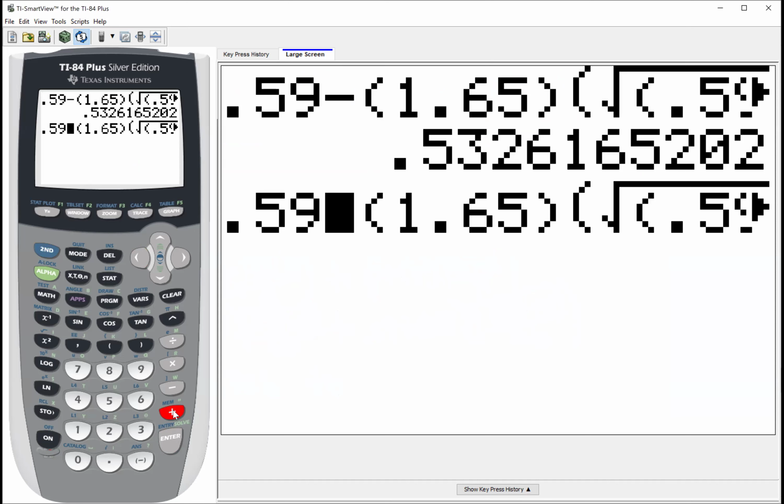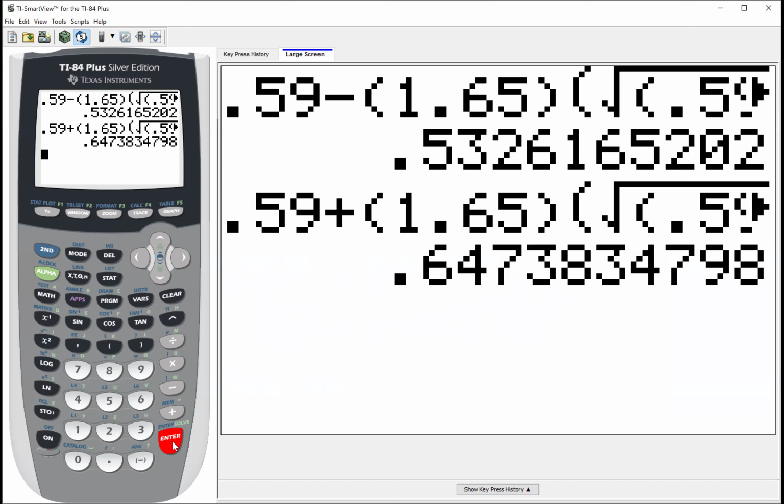So make that subtraction a plus at the beginning. And now we're going to get the upper bound of 0.6474 if we go 4 places. When you do the homework, the computer will tell you how to round.